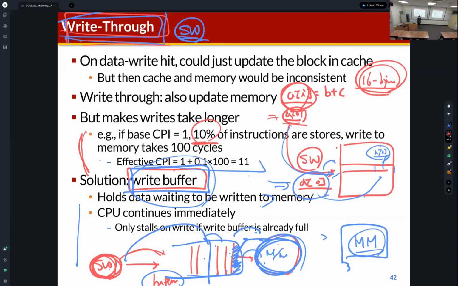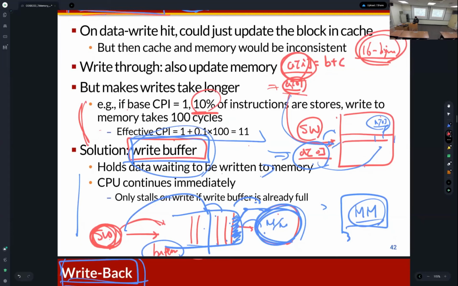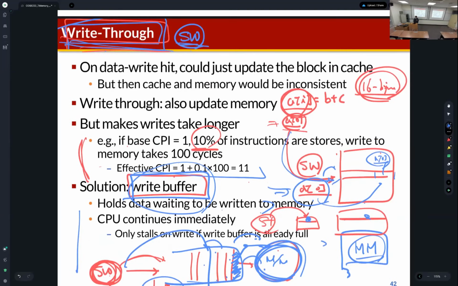We can find the data in the cache and in main memory, and with the store instruction, the data in the cache is updated, and at the same time the data in the memory is also updated. This is the write through policy.